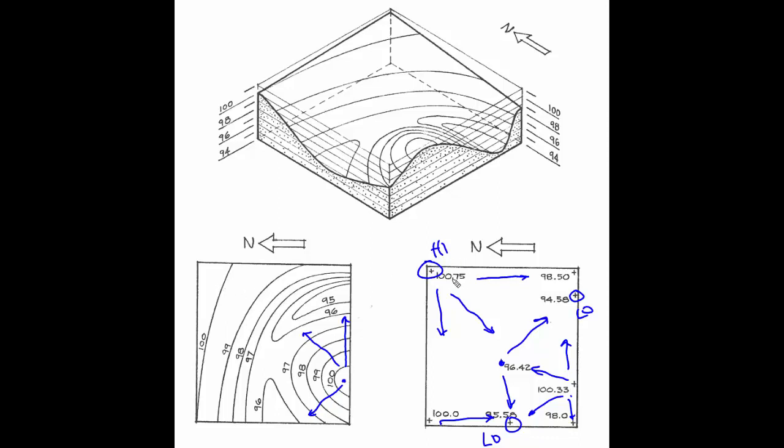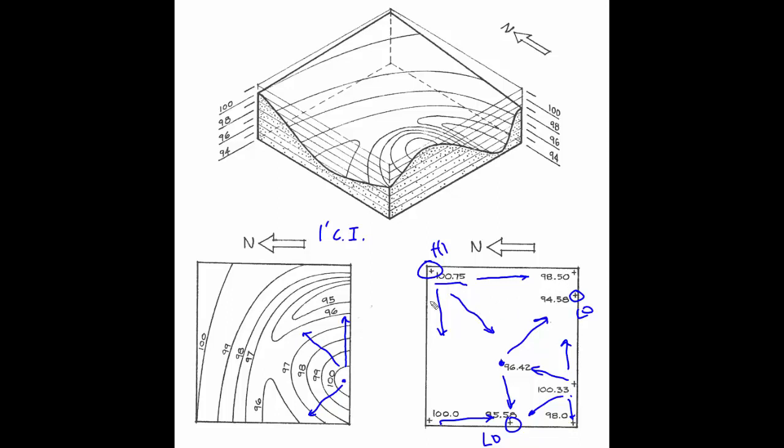Now, the elevations we saw over here on the map on the right are shown to 2 places to the right of the decimal, and we're only showing a contour interval over here on the left of 1 foot. So the contour interval here does not show the elevation resolution, that is to 2 places to the right of the decimal, that we see on the right-hand map.